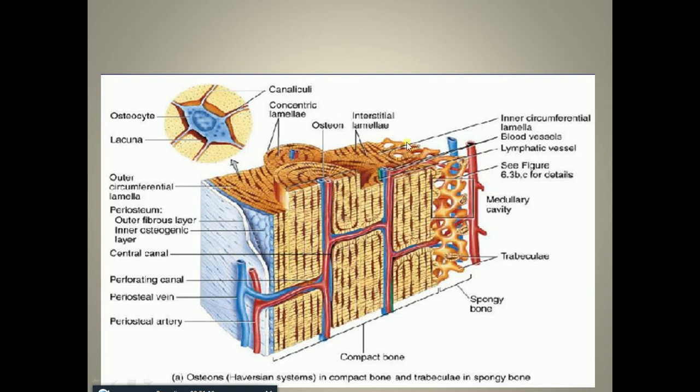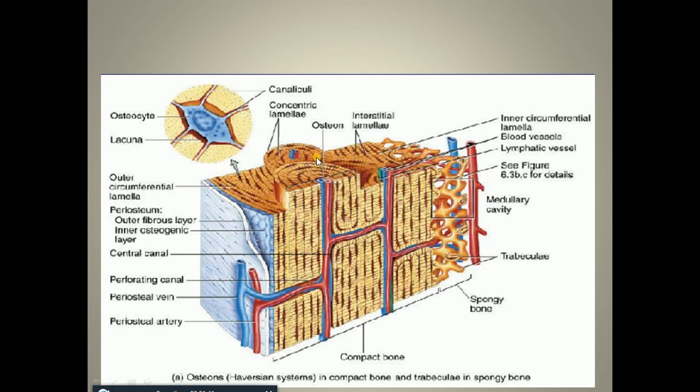अब आपको यहाँ पे ऊपर ही अगर आप देखें तो this shows the cross section. In the cross section of the long bone, shaft of the long bone, it shows that it exhibits the osteons or the Haversian canal system. The Haversian canals in the cross section appear as round openings, which are surrounded by concentric lamellae. ये round opening जो है ये आपको Haversian canal दिखा रहा है, and it is bordered by concentric lamellae.